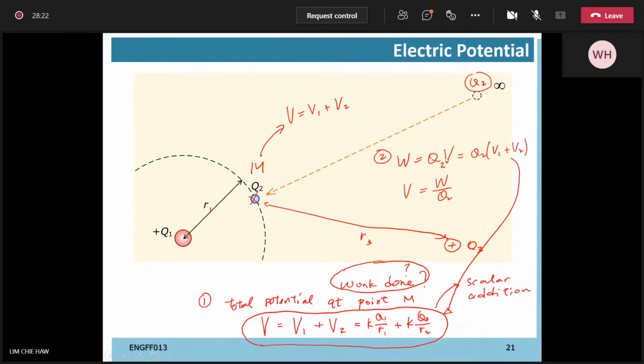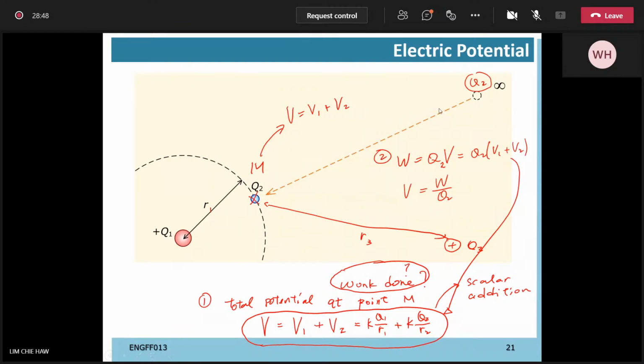Therefore, here the substitution is Q2, because from the definition V equals W over Q2, if you want to overcome this potential, you need to do this much work, or supply this much energy to who? To Q2. Understand? Because Q2 is the object that we are trying to move. Understand or not? Okay?